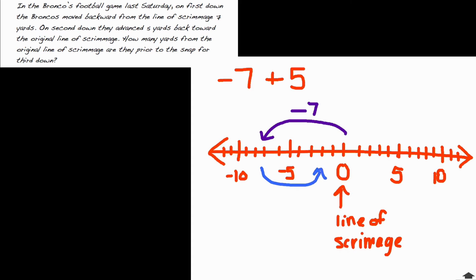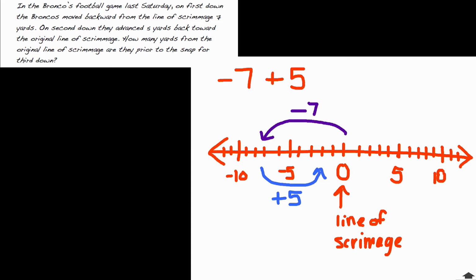Okay, so there's 5 yards forward. We're adding back on the 5 yards that they advanced towards the line of scrimmage on second down. That places our answer right here on this line. That line represents -2. That would look more like a 2. And so once again, we can see that our answer is -2.